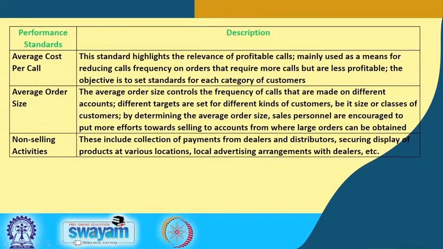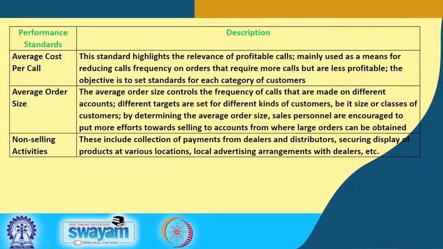Other standards which we have is the average cost per call, which highlights the relevance of profitable calls, and it is mainly used as a measure of reducing calls or reducing the call frequency on orders that require more calls but are less profitable. And then we have the average order size.